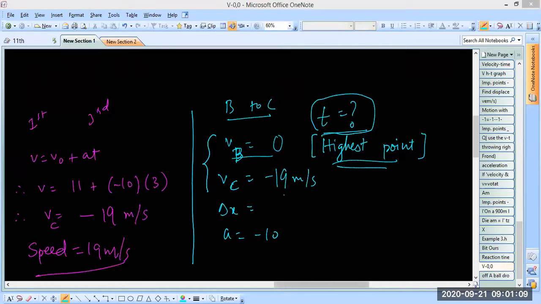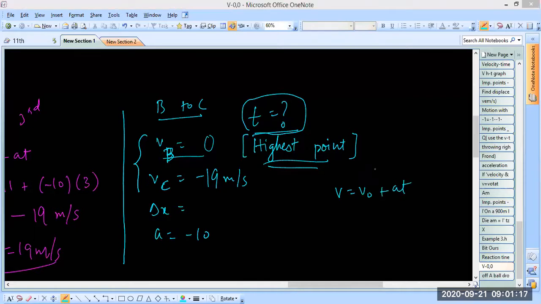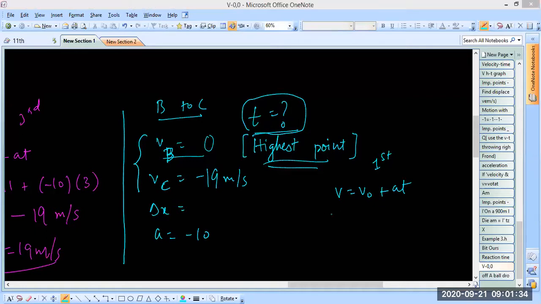So what we have now is, if we use the first equation, v equal to v0 plus at. Final velocity, which point is final in our calculations? Very good, Harsh. Yes, C is the final point.